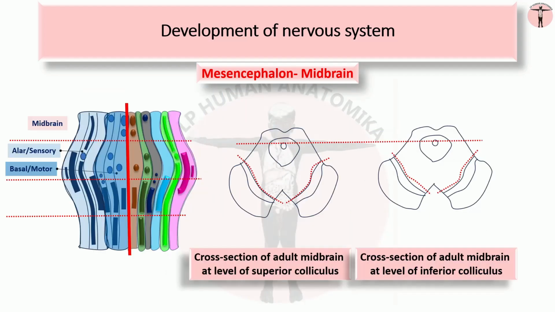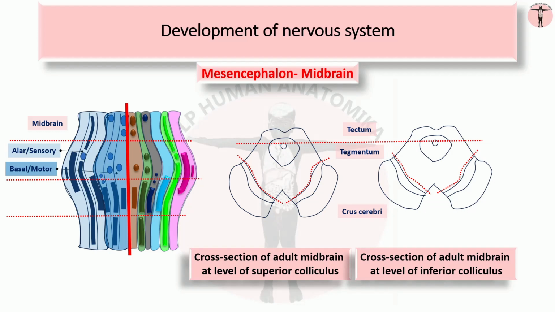When we take a cross-section of adult midbrain, it is divided into three parts: tectum, tegmentum, and crus cerebri from dorsal to ventral. The dorsal part is called the tectum. The middle part is called tegmentum, and the ventral part is called the crus cerebri of midbrain.